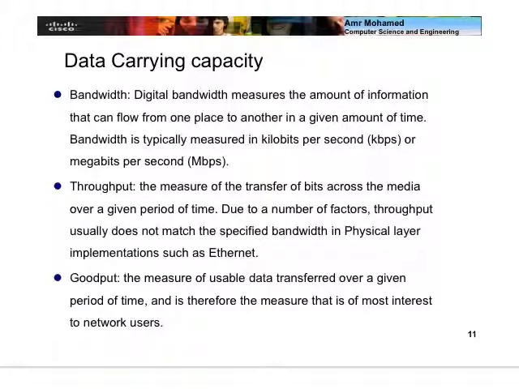We have the network layer header, we have the transport layer header, we have the HTTP header, and all these headers are overhead. So goodput talks about the actual useful data at the application level that we get on an actual network. Okay? So the goodput talks about the usable data from the application point of view.